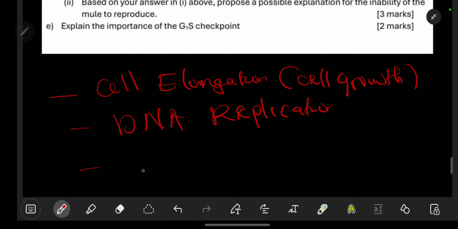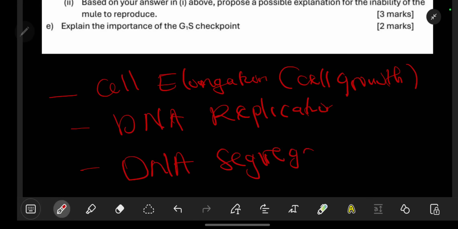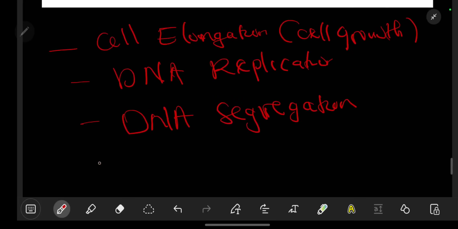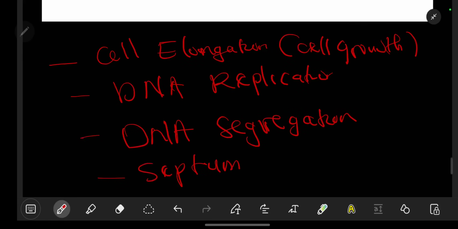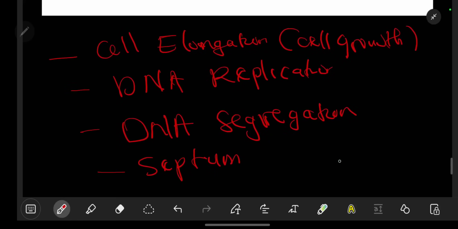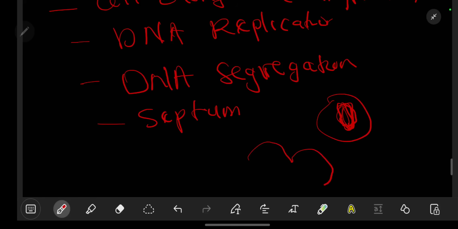After DNA replication, there is DNA segregation, meaning DNA is moved to opposite poles. Then we also have the process of septation, which is the formation of a septum. The septum forms a ring at the middle, which helps constrict the cell, thereby dividing it into 2.